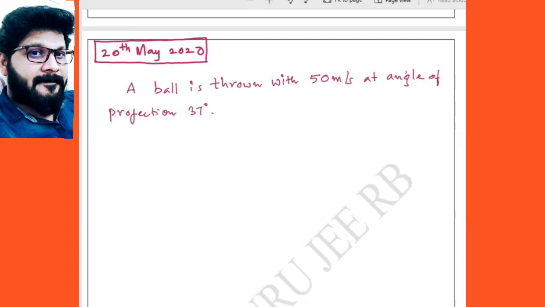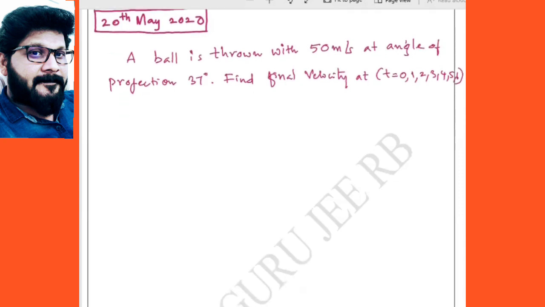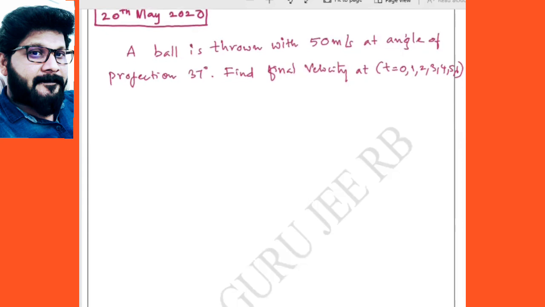Find the final velocity and angle with horizontal. Final velocity at t equals 0 seconds, 1 second, 2 seconds, 3 seconds, 4 seconds, 5 and 6. So we'll try to calculate till here, right?